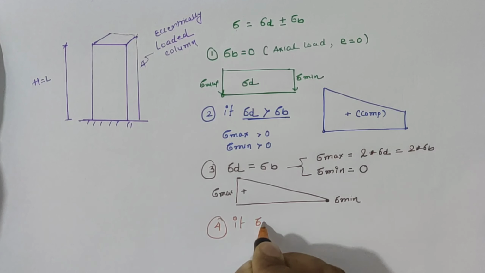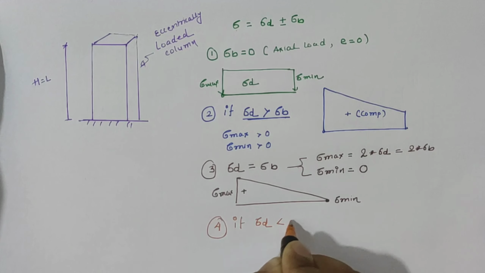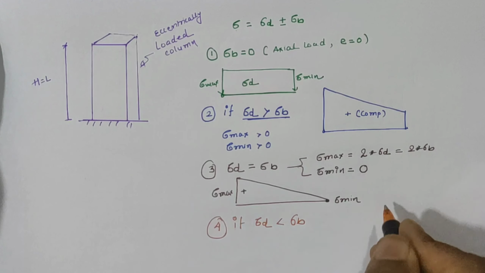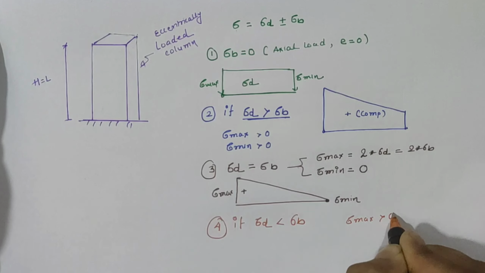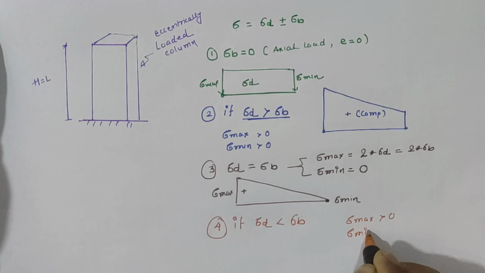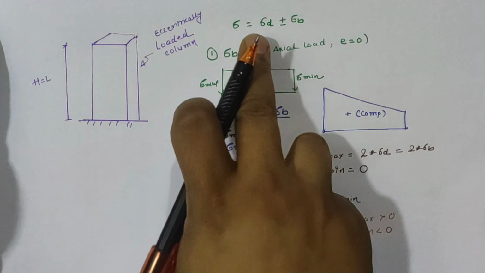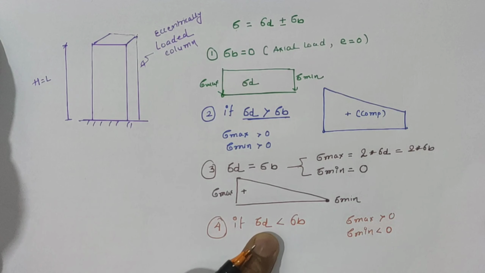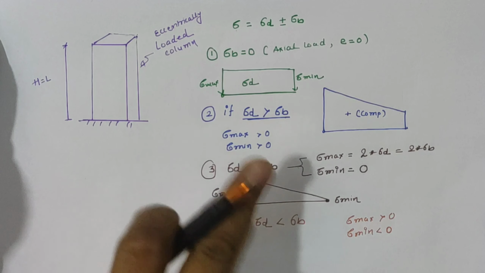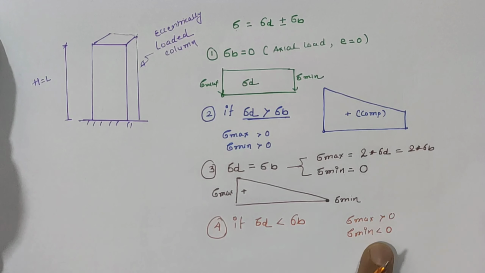The fourth and final case is if the sigma D value is less than sigma B. For this case our maximum value is greater than 0 while the minimum value must be less than 0, as sigma D minus sigma B is the minimum, and if sigma D is less than sigma B, then our minimum value is less than 0.